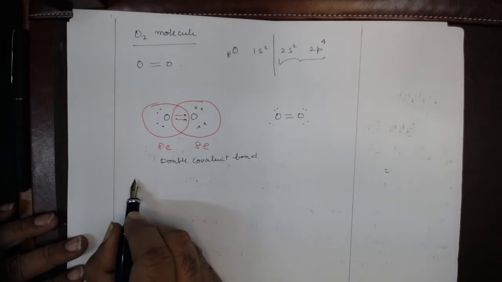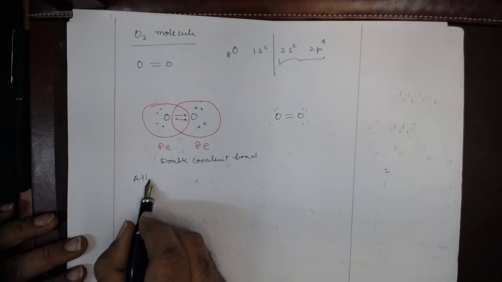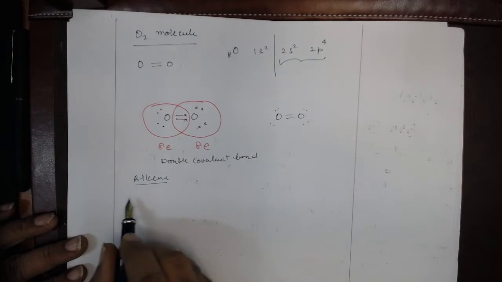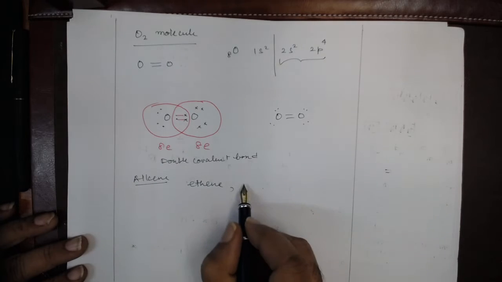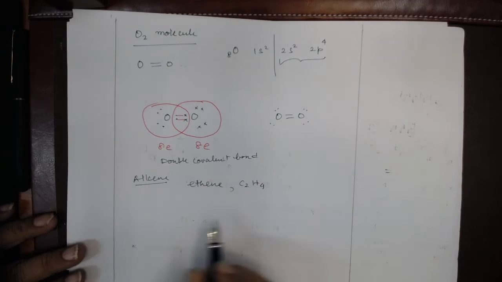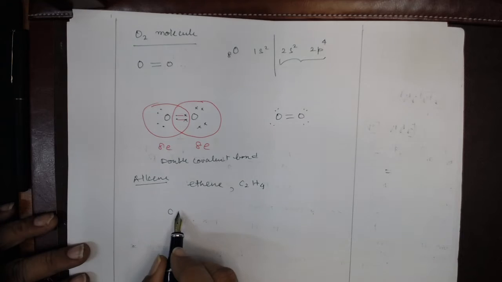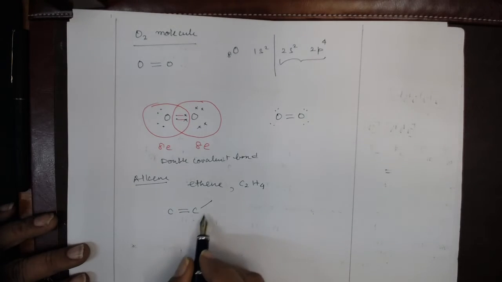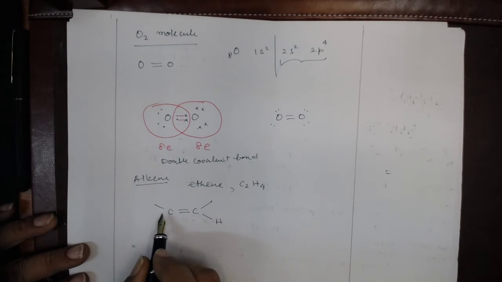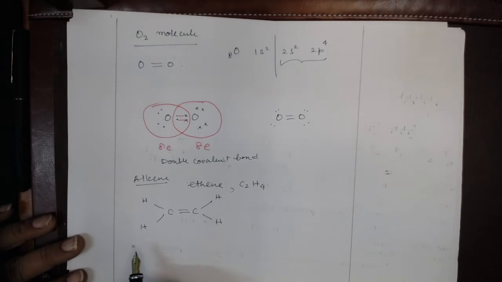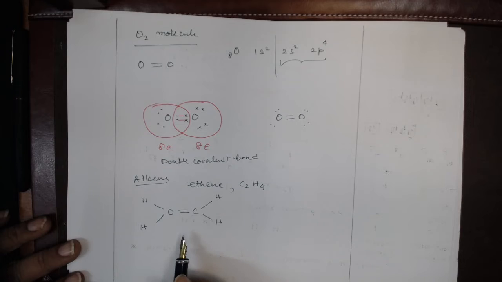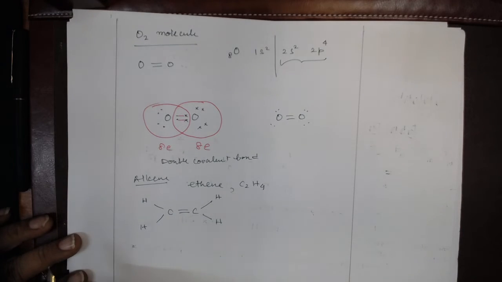In this case, let us consider the alkene ethene. Example, ethene. What is the formula? C2H4. So C double bond C, with H H on each. So this is the double covalent bond.